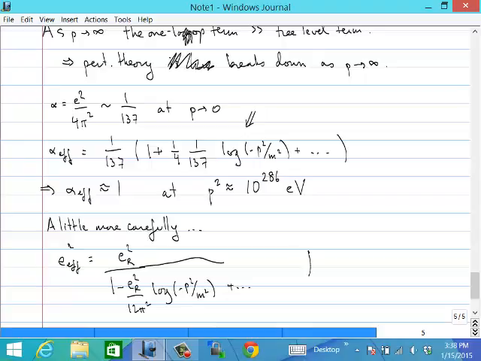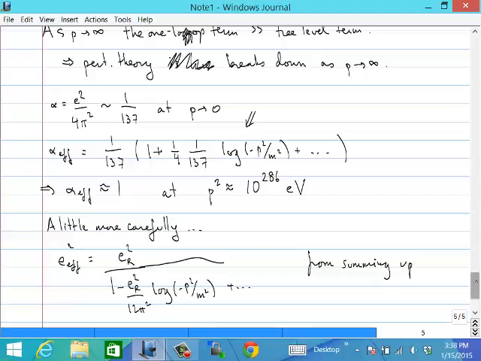And that comes from summing up the 1-loop contribution to the 1PI effective action, to the 1PI self-energy pi, and then having the pi plus pi squared plus pi cubed, summing up into 1 over 1 minus pi.